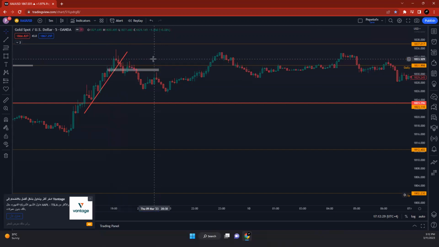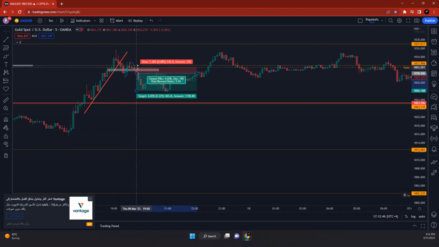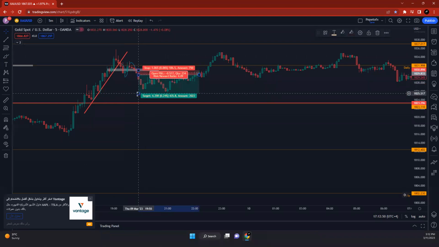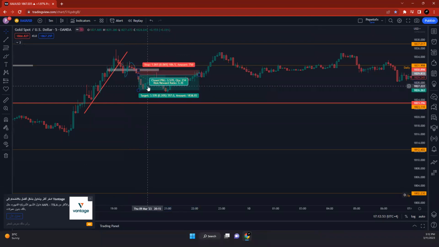This is closing below. Retest is now breakout. Now breakout, retest, closing below, then you see the volume here. Now this is how many pips? 35.